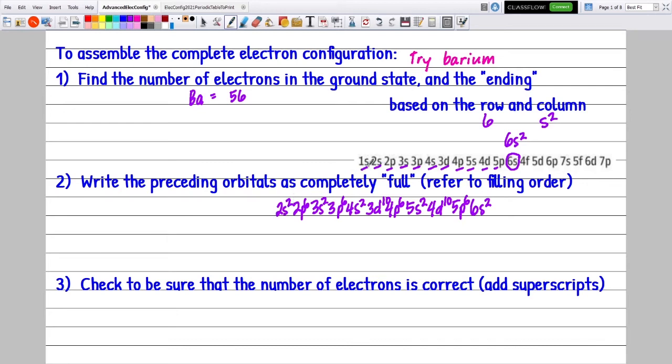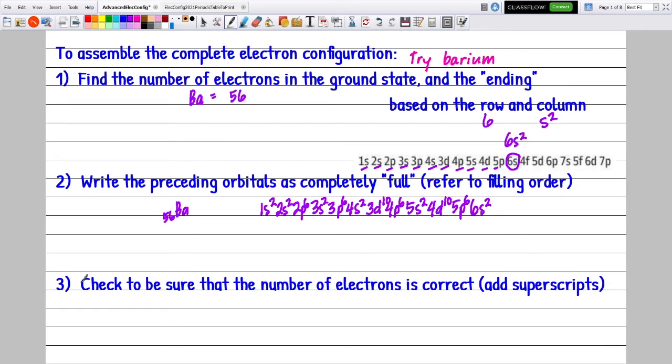And finally 1s filled at 2. This is the electron configuration of barium that has 56 electrons.